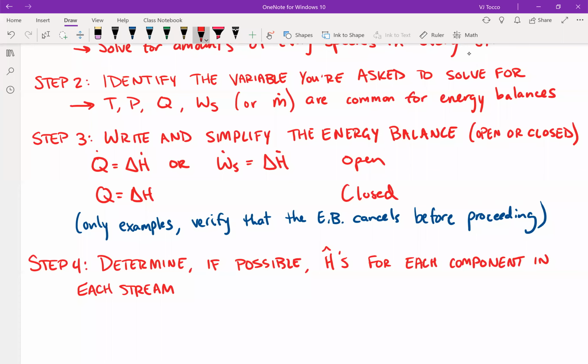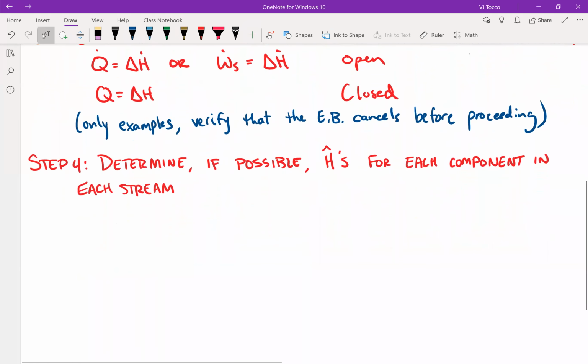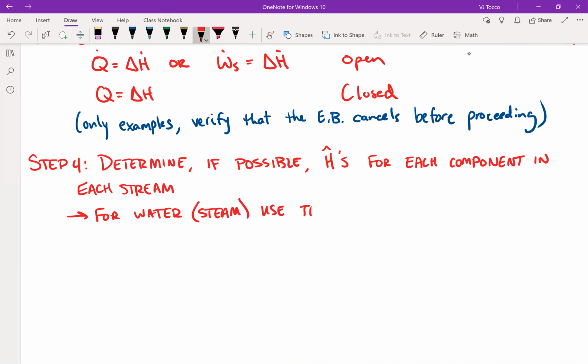Step 4 is to determine specific enthalpies for each component in each stream. So if we're talking about water, or in parentheses, steam, because steam is the gas form of water, use tables B5, B6, or B7.